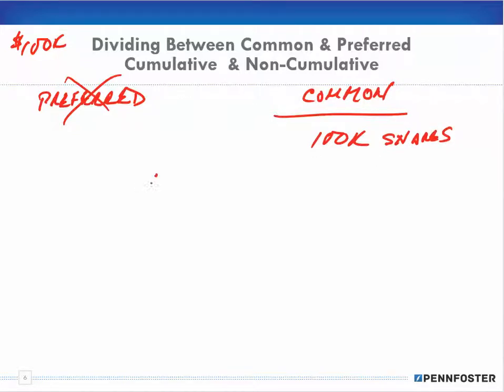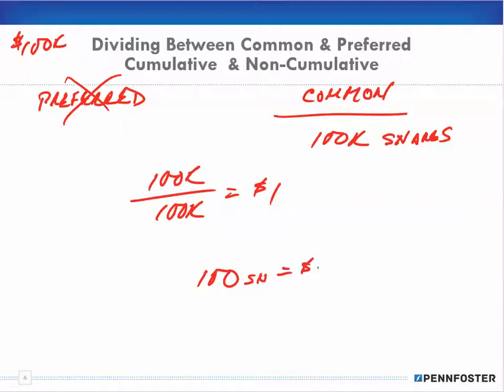Well, if there's $100,000 and there's 100,000 shares outstanding of common stock, then each share would get $1. So if you owned 100 shares, you would get a dividend of $100, right? 1 times your 100. If you had 2,000 shares, you'd get $2,000, right? It's basically just that simple.